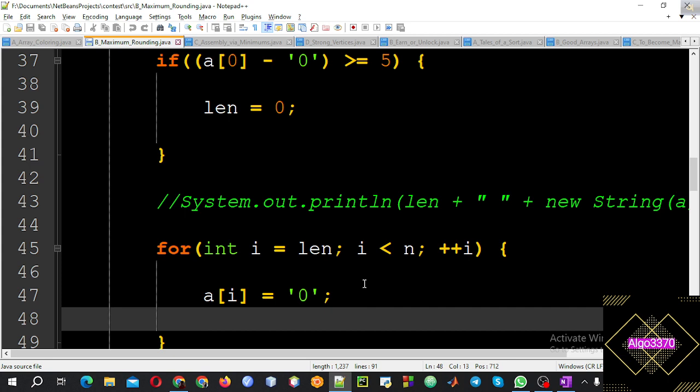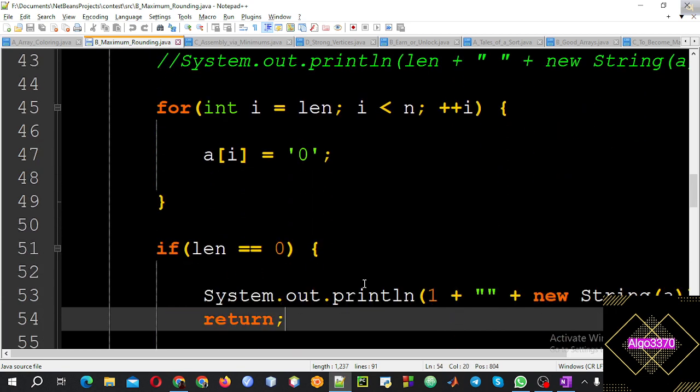We do not need to repeat this calculation again and again, because after every calculation all our rightmost elements will be 0. So we will find the rightmost position and change all the elements from the (k plus 1)th index to n as 0.